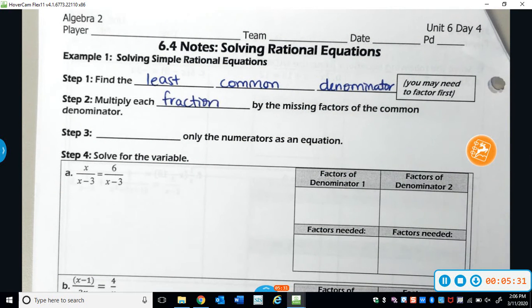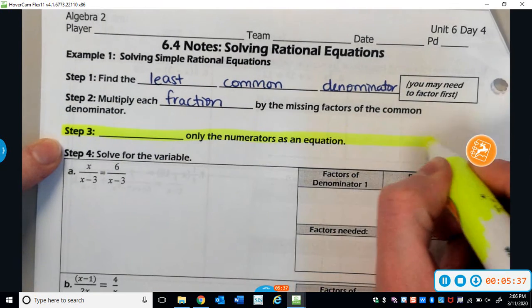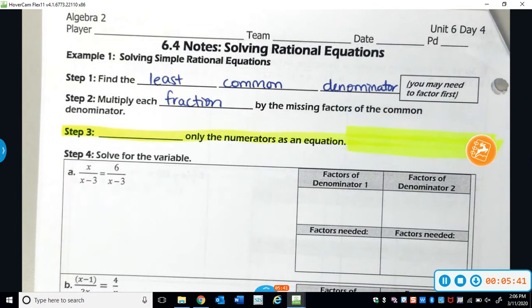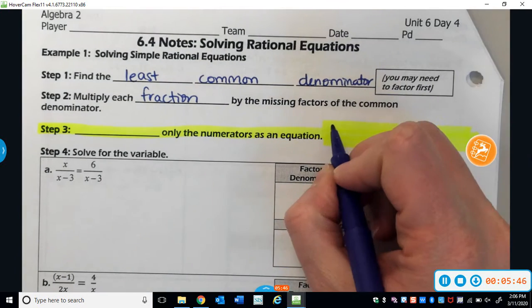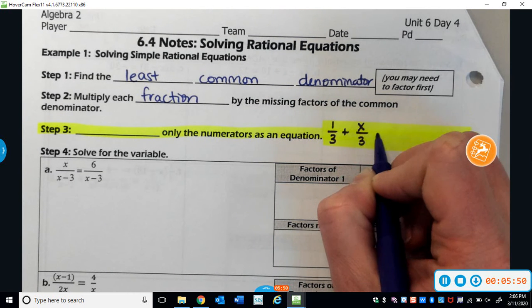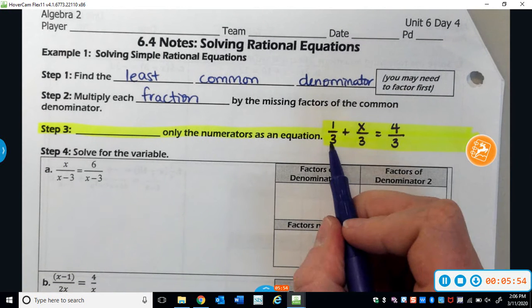The only thing that's new and might be a little bit strange, so I'm going to illustrate it here, and I'll always highlight it in yellow just to be consistent, is once I've done that, I'm going to write an equation that is just about the numerators. And the reason for that is if I think about simple fractions, so if I have 1/3 and I say I'm going to add x thirds to that, and the end result was 4/3, the denominator isn't changing.